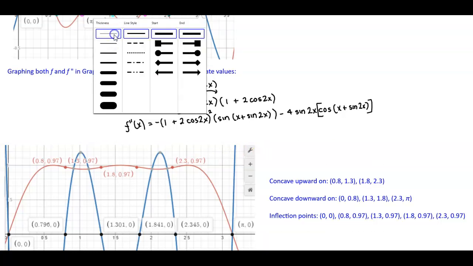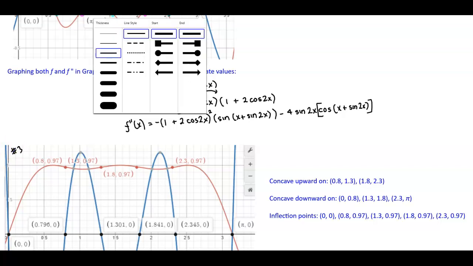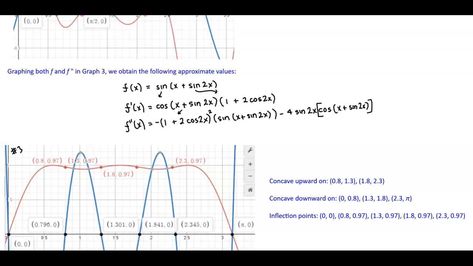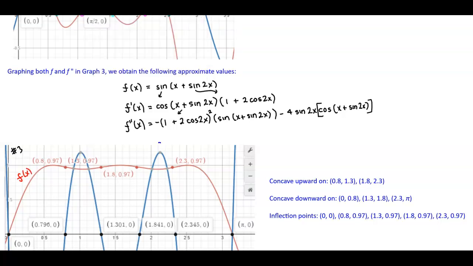So we know that this is graph number 3, and also our function is in red in this graph, and our second derivative is in blue. So now let's figure out what's happening.